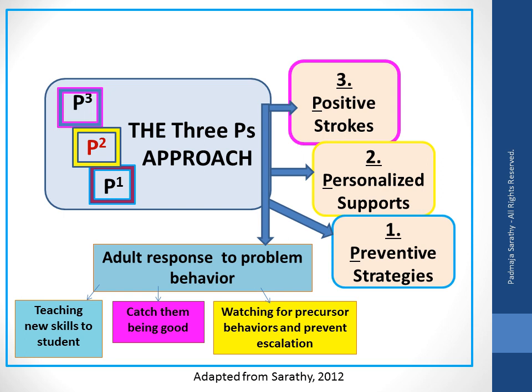So that is important. The second thing, besides prevention, is how do we teach some new skills to that child so that the child learns a replacement behavior, like the example we had, where the child touched other children sitting in the group, in the previous example that I shared with you.